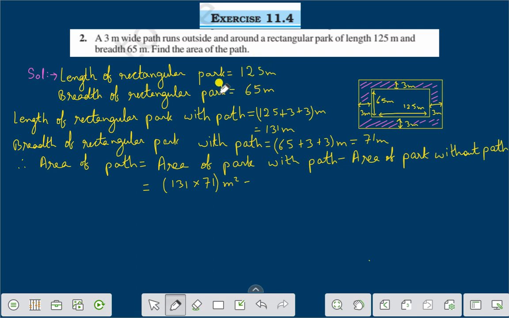The length is 125 and breadth is 65. Therefore, minus 125 into 65 meter square.